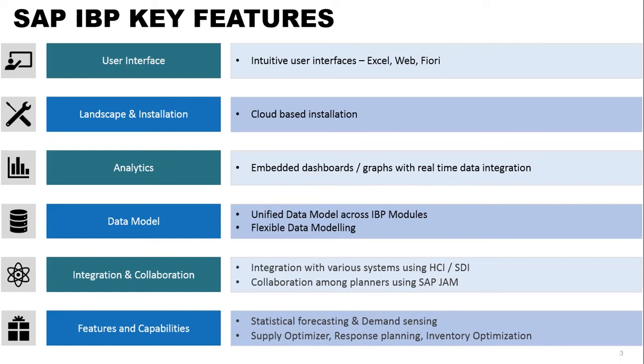And the data model, we have the unified data model and the flexible data model. The unified data model is like you can create one data model and it can be used for all kinds of planning, either demand planning or supply planning or inventory planning or supply chain control tower, whatever modules are there, that can be handled via one data model.